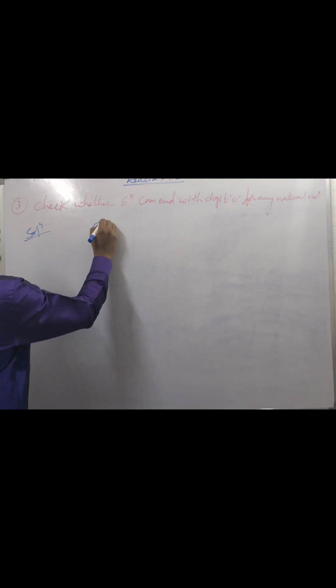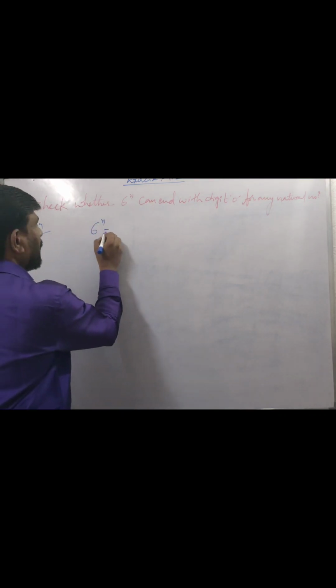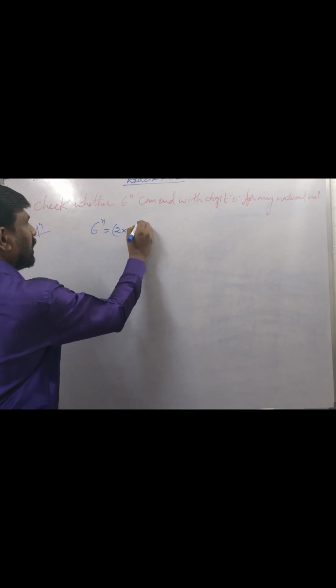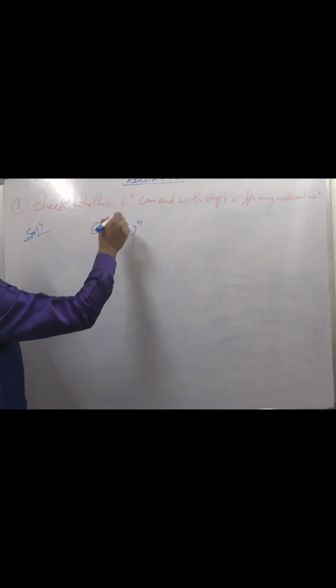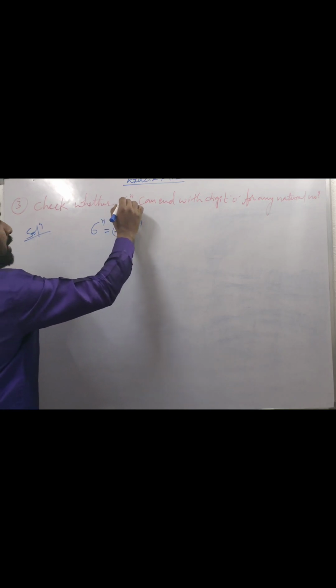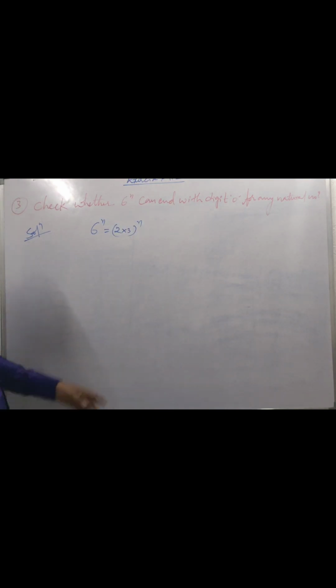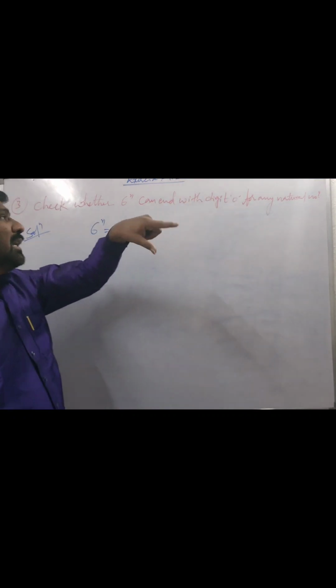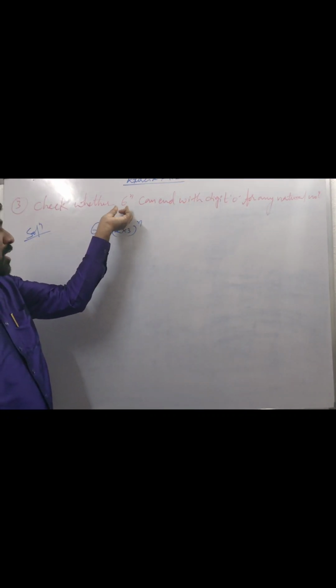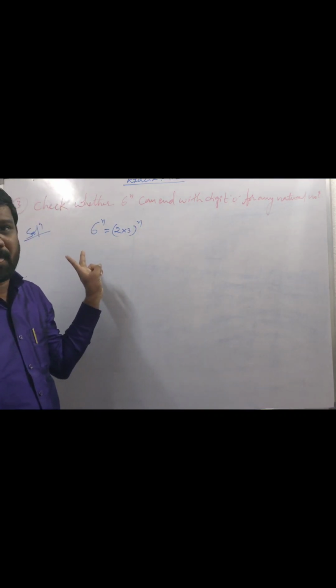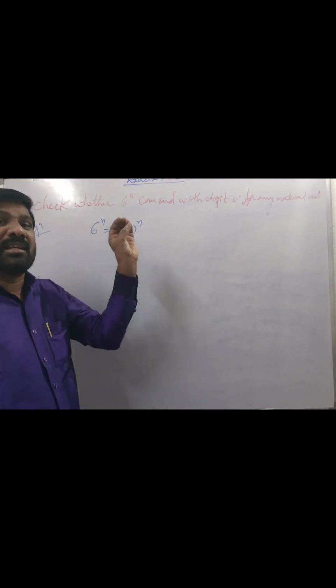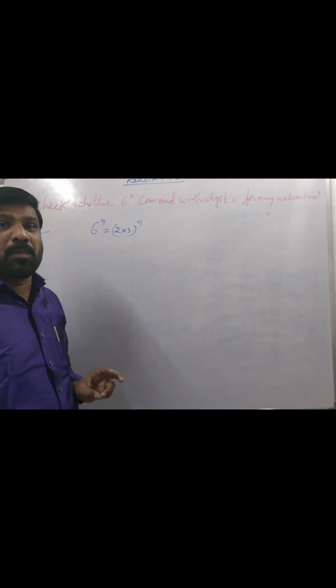6 power n. In general, there are two ways to find this. 6 power n can be written as (2 into 3) whole to the power n. Right? And here, in order for a number to the power of a natural number to end with the digit 0, the prime factorization of that number should contain 2 and 5 as its factors.